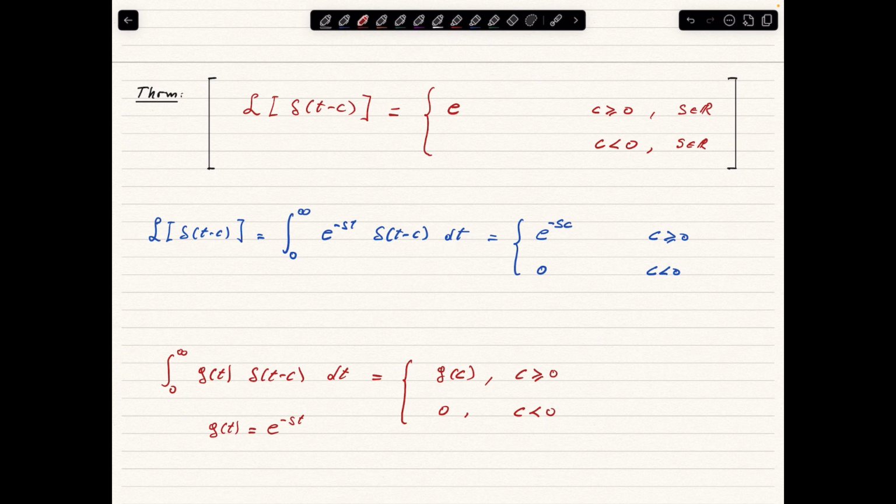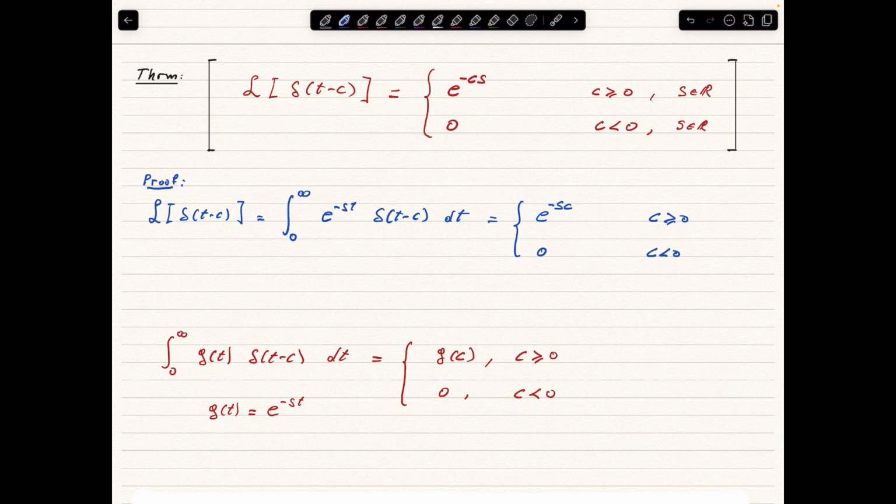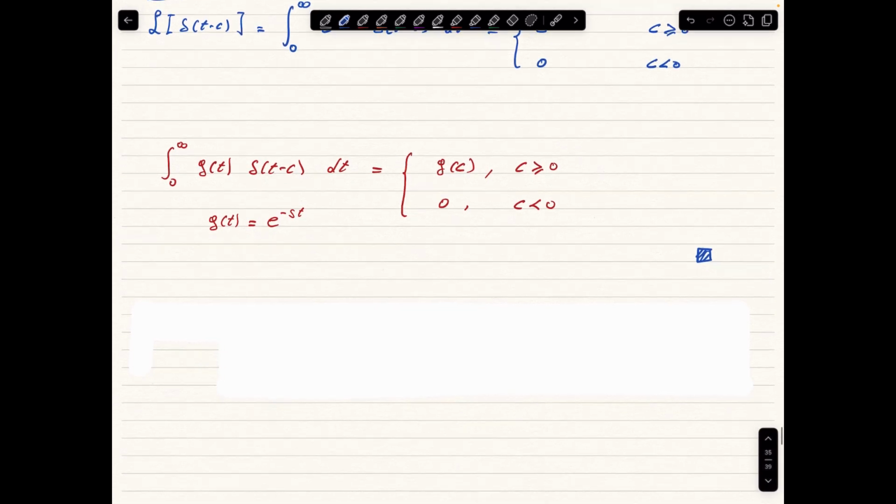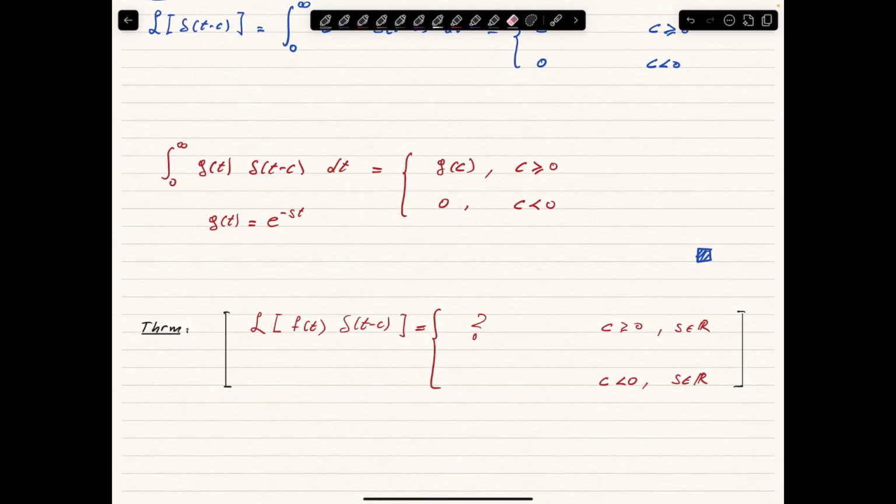The Laplace transform of the Dirac delta at t minus c is going to be exponential minus cs for c positive, and then we are going to get 0 for c negative, and then this little calculation becomes a proof of that result. And that's it. There's nothing else to do. We use the previous result to compute the Laplace transform, and we can do even more general calculations.